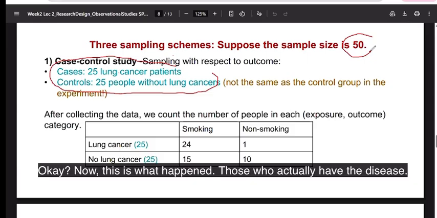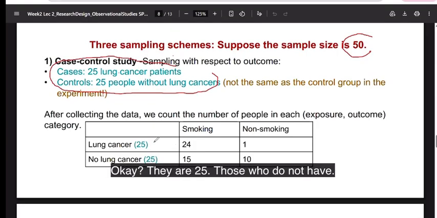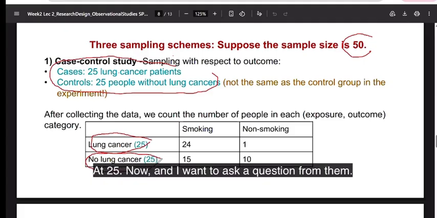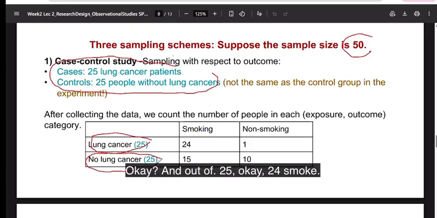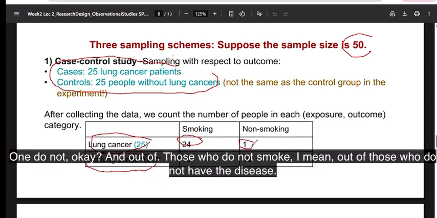Now, this is what happened. Those who have the disease are 25. Those who do not have it are 25. I want to ask all of them a question: do you smoke or not? Out of 25, 24 smoke, one does not.